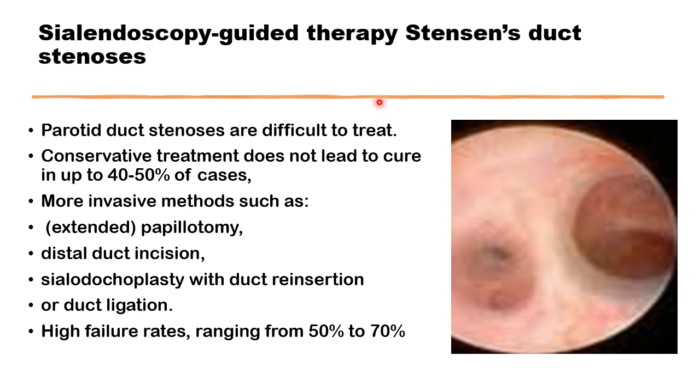Conservative management again should be tried first, but more than 50% of the cases would fail, and a more invasive method would be required, such as extended papillotomy, incision of the narrowed papilla if that's the cause of the obstruction, or distal duct incision, and/or repair of the duct itself using a vein patch insertion, or even duct ligation as an ablative procedure.